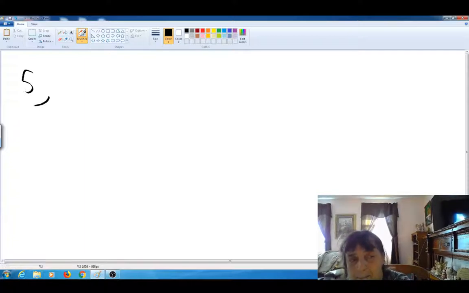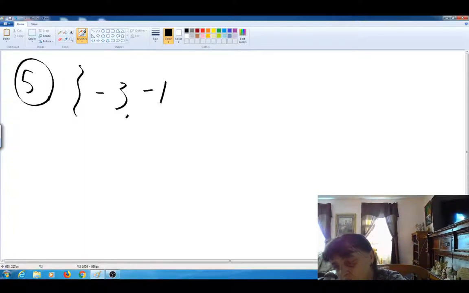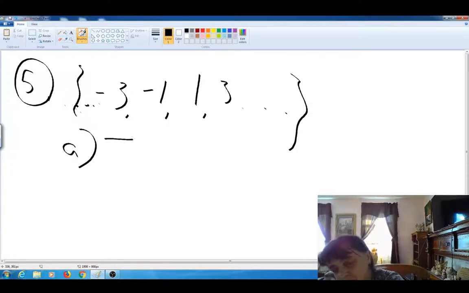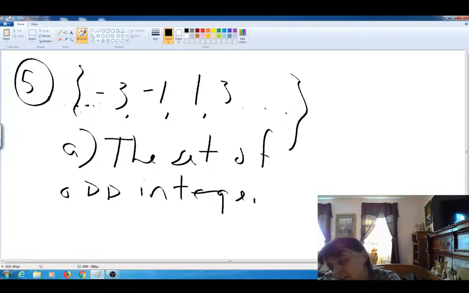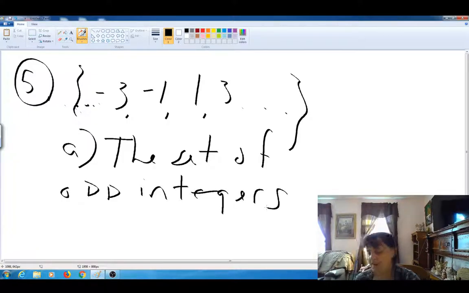Number 5. -3, -1, 1, 3. Okay, and I meant for that to go both directions. And A is supposed to be the set of odd integers. Okay, I just have integers, but it's supposed to be odd integers.